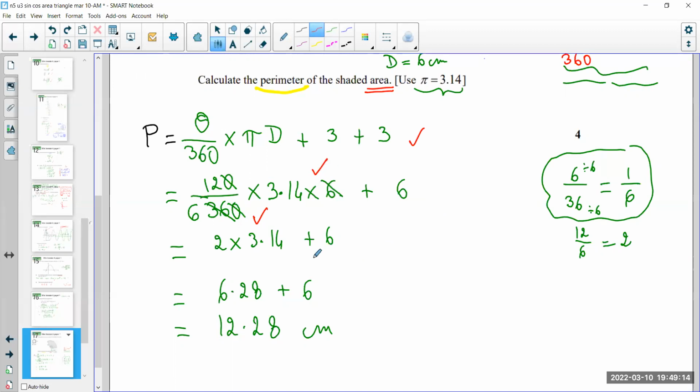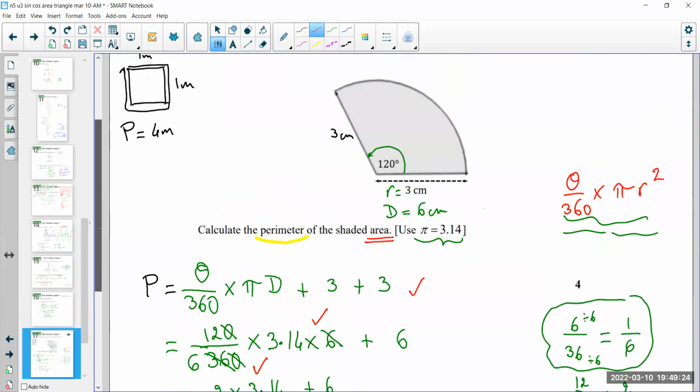That 2 pi r gave you a mark. And the last one, centimeters, not centimeters squared, for perimeter. If you're asked a question with part of a circle, it's going to be a centimeter answer, not an area.